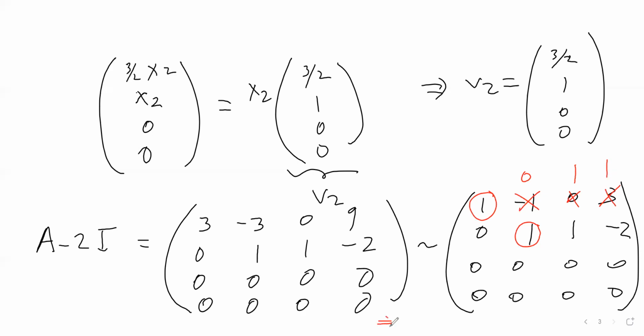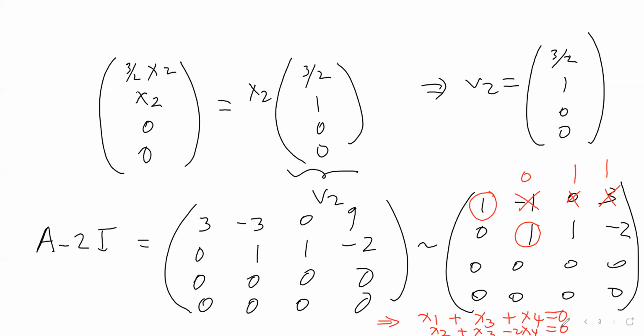When I rewrite it, it's going to be x1 plus x3 plus x4. And then the second equation is x2 plus x3 minus 2x4 equal to 0.